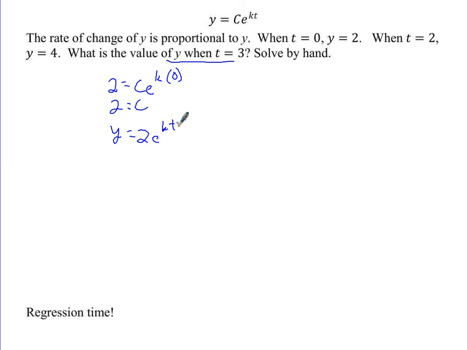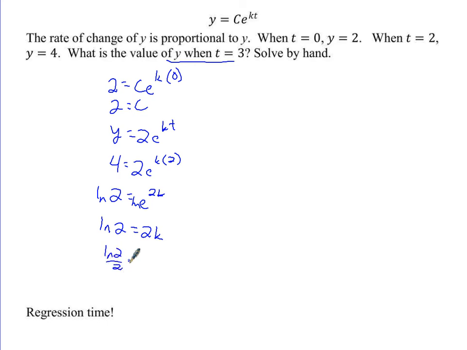Now the other one, t equals 2, y equals 4. So I have 4 equals 2 e to the k times 2. If I divide both sides by 2, then I have 2 equals e to the 2k. So how am I going to get that 2k out of the exponent? Take the natural log of both sides. Natural log of 2 I can't simplify, but this just becomes 2k. So I have natural log 2 equals 2k. Divide both sides by 2.